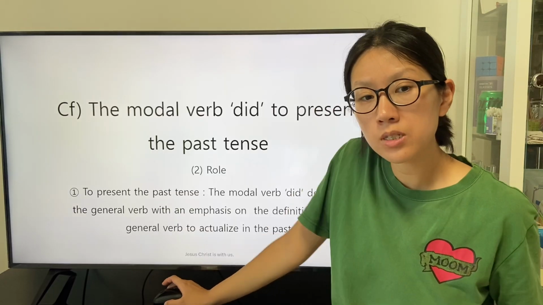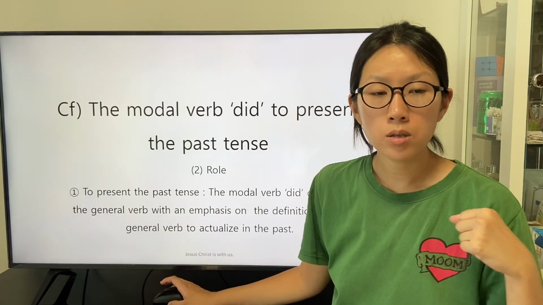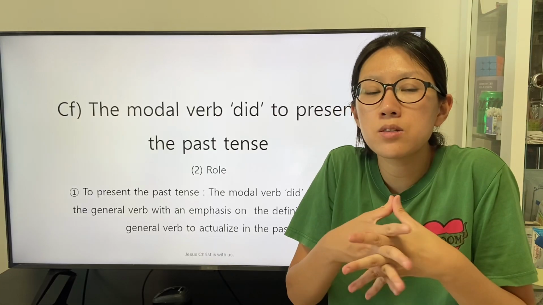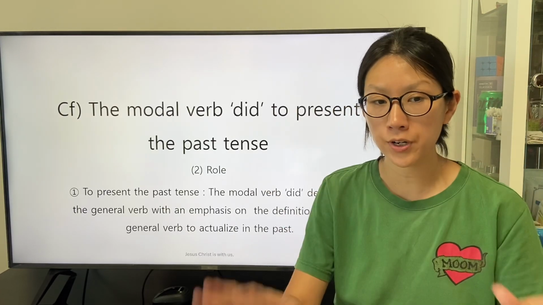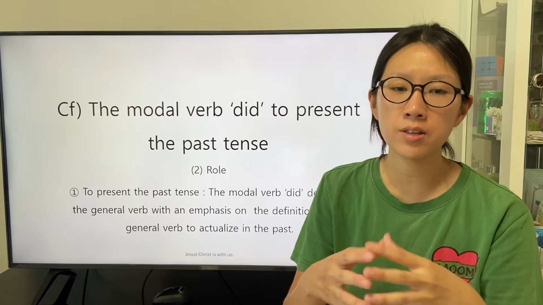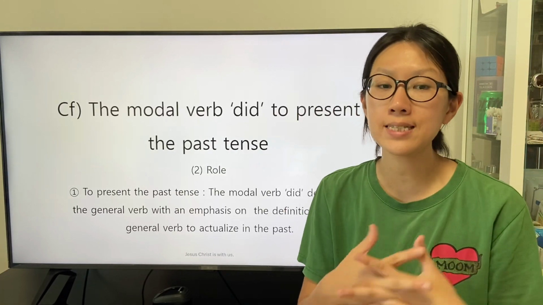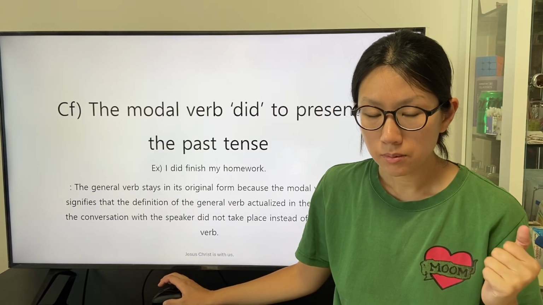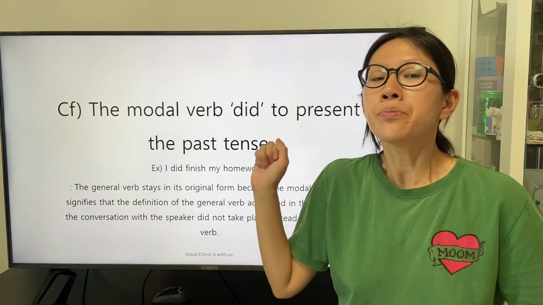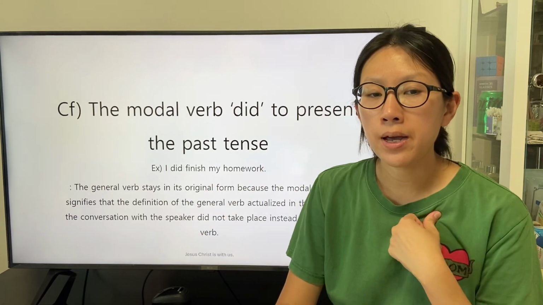Let's study the role number 1, to present the past tense. The modal verb did describes the general verb with an emphasis on the definition of the general verb to actualize in the past. There is a clause. I did finish my homework.